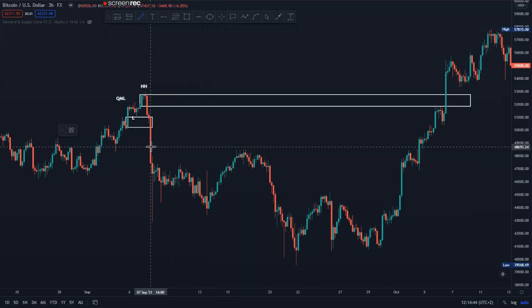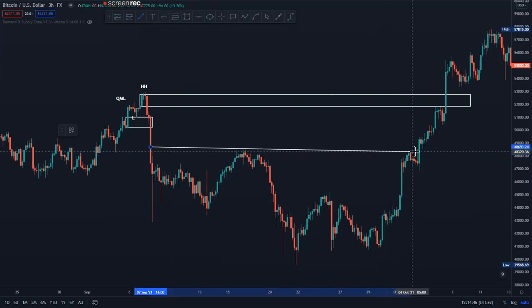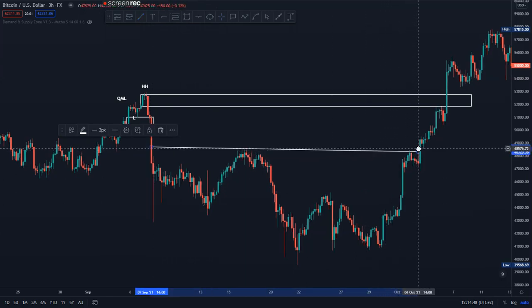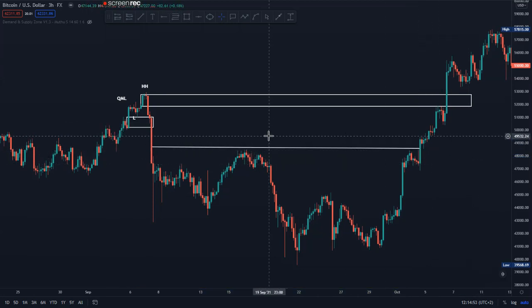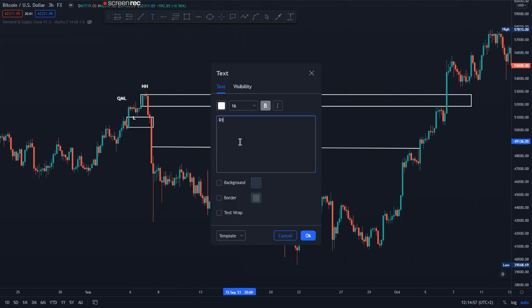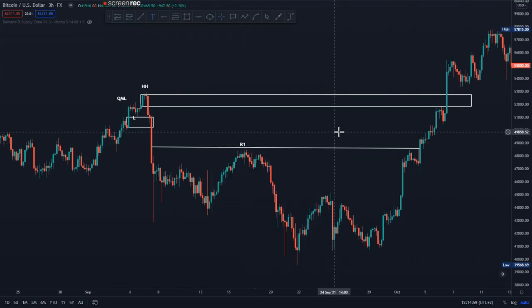Right here we had the fake out zone. You guys agree? This was a fake out zone. So we had R1 and then R2 right there.